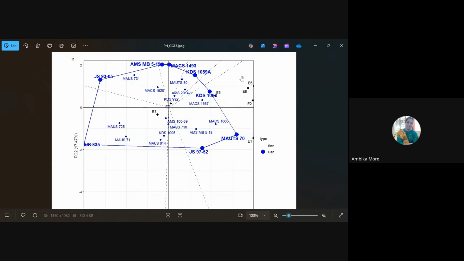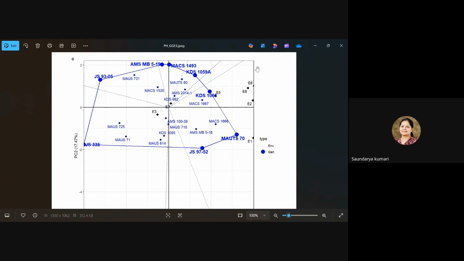These three environments are contributing more towards the G into E interaction. Then they discriminate in those environments, so variation among genotypes will be more. These three environments are correlated. Variation in all these three environments will be on the higher side because the contribution is more into G into E interaction.